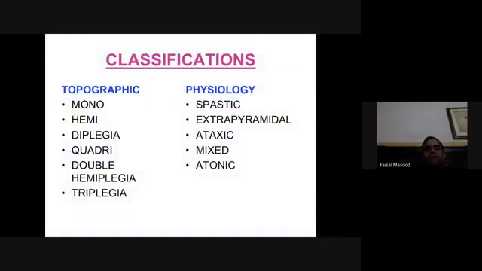Classification: we can classify cerebral palsy on the basis of topography and on the basis of physiology. Topographically, which part of the brain is involved? The problem can be monoplegic, hemiplegic, diplegic, quadriplegic, double hemiplegia, and triplegia. The physiological classification: whether the muscle deficit is spastic, extrapyramidal, ataxic, related to gait, mixed, or atonic.